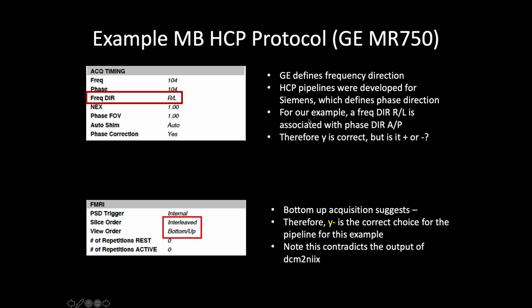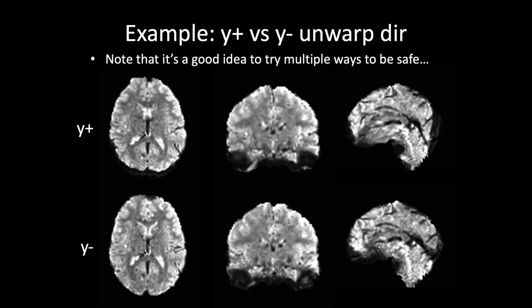Since the HCP pipelines are developed for the Siemens, and they go off of phase direction, and we don't have that information, we have frequency direction as part of the readout from the scanner. So we had to figure out what the appropriate phase encode direction was, and we partly did it by trial and error.